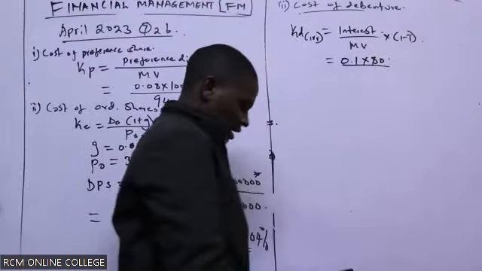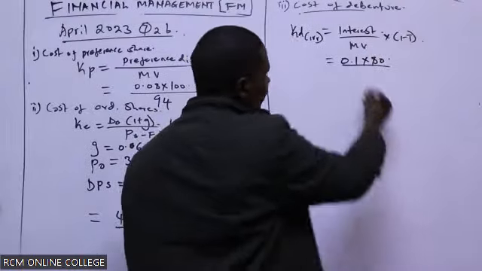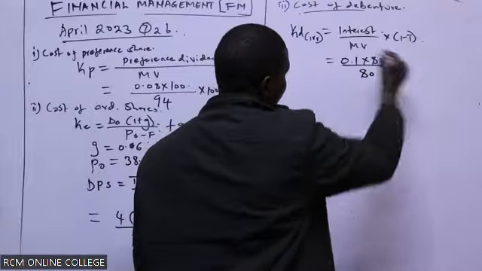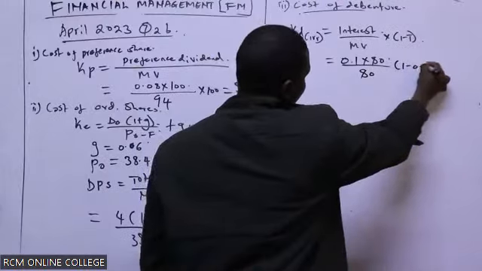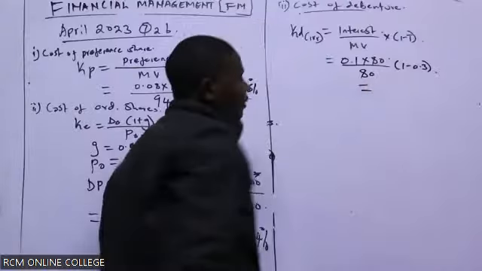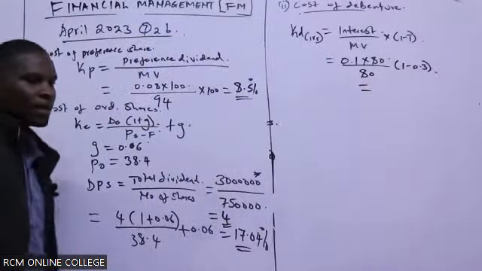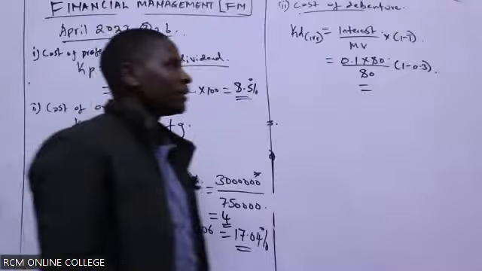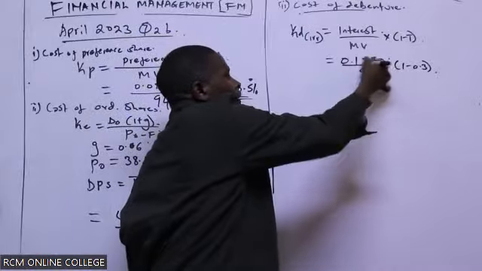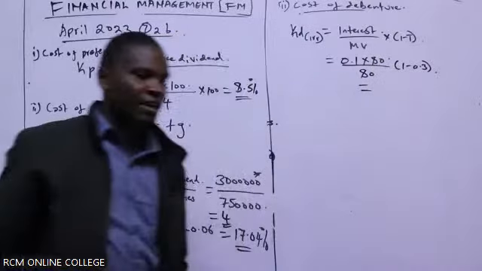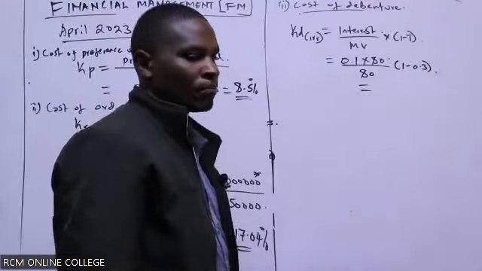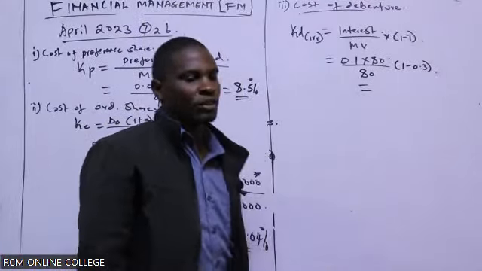Na tuliambiwa hii market price ina change ama haichange? Haichange. Whatever our market value haita change, 1 minus 0.3. Na hiyo utakuwa umemalizana na whatever. Sasa trickiness nayo hapo ilikuwa to identify that the market value was the same as the par.